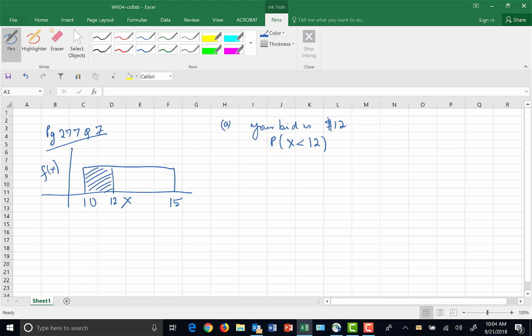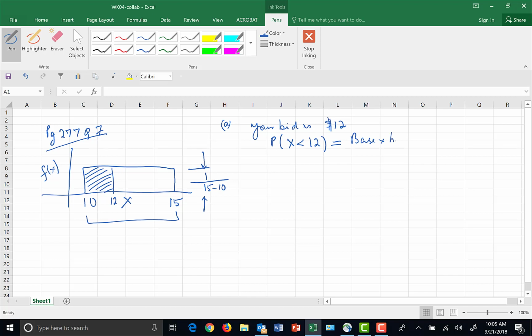So the height of this rectangle is equal to 1 divided by 15 minus 10. Okay, because we know that the area of the full rectangle is 1. That's a property any continuous distribution has to obey. Since the full area is 1, the height has to be 1 divided by the base, which is 15 minus 10.